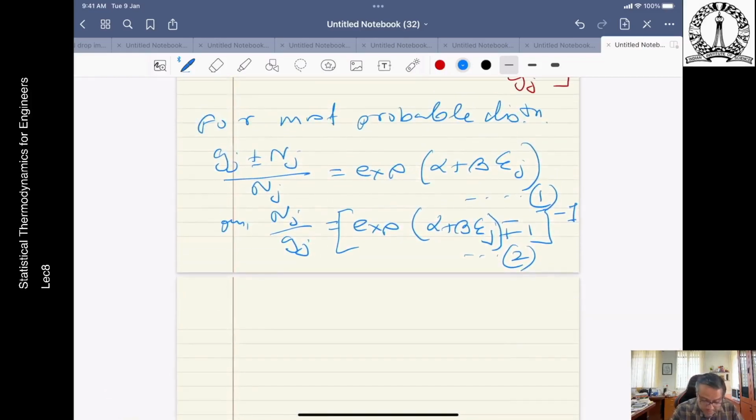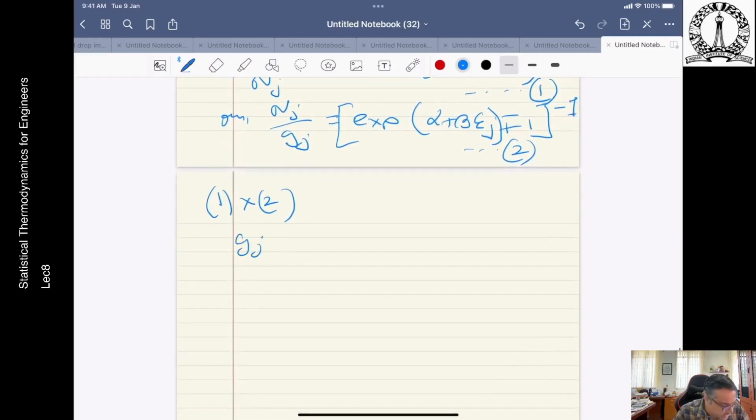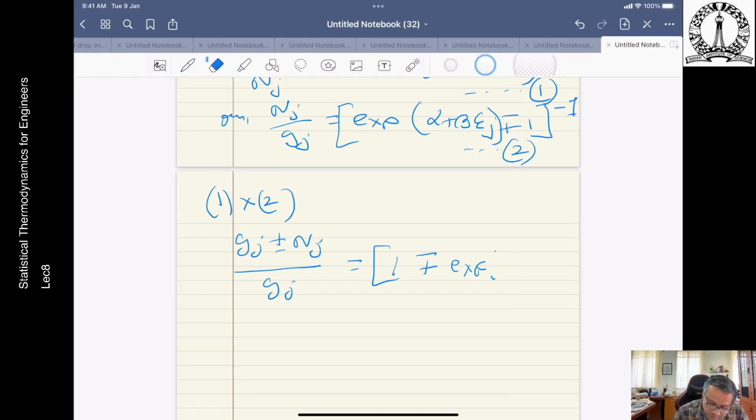If you multiply 1 by 2, you get (Gj ± Nj)/Gj is equal to 1 minus plus exponential of minus alpha minus beta Ej, closed bracket, to the power minus 1. So this is basically your expression 3.